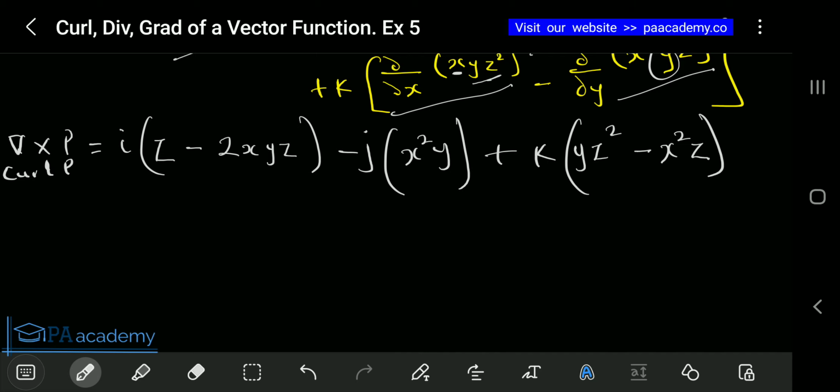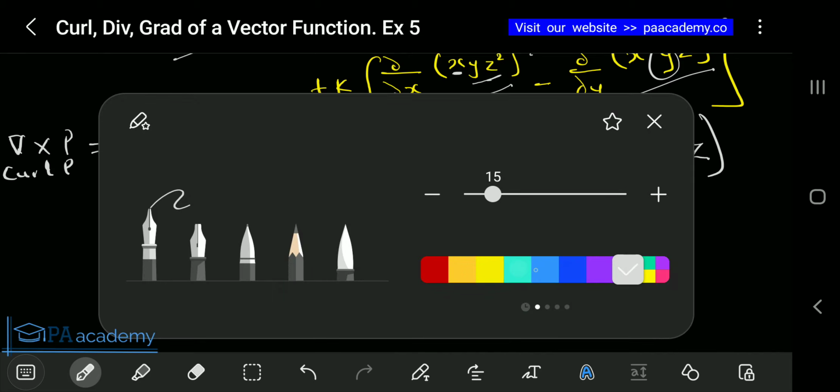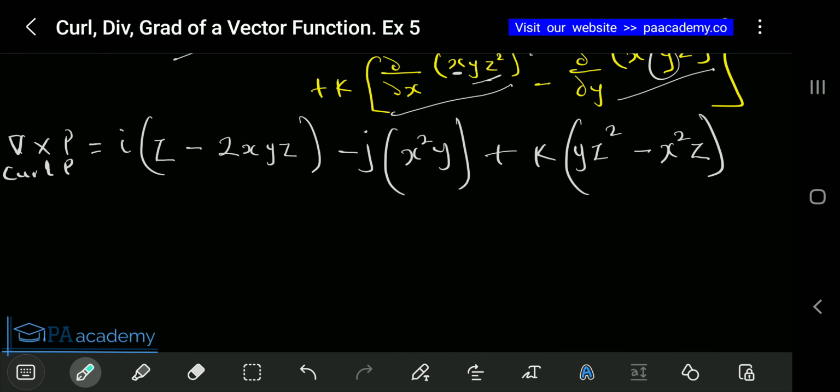And the question is asking us to look for the curl p. Exactly, we are going to look at curl p. So now that we've gotten the value of curl p, we are going to calculate the curl for p.